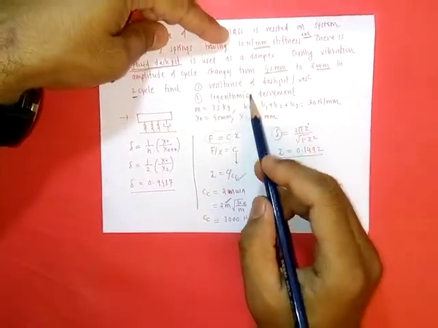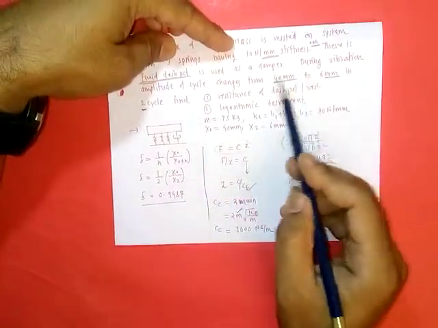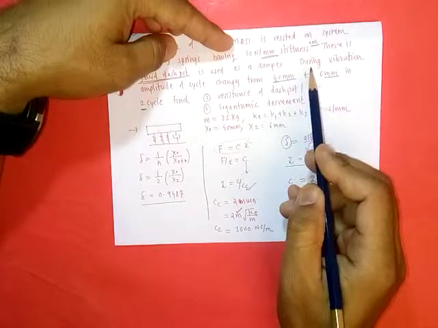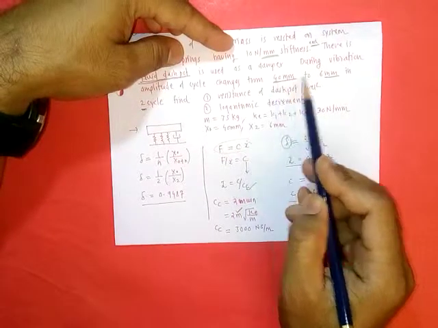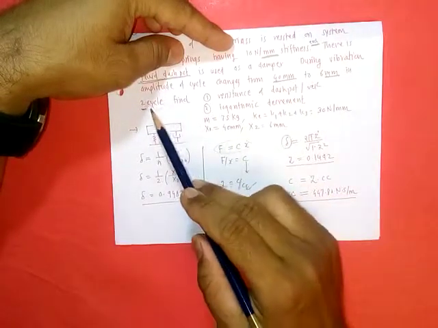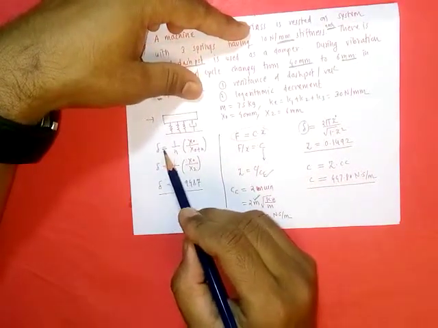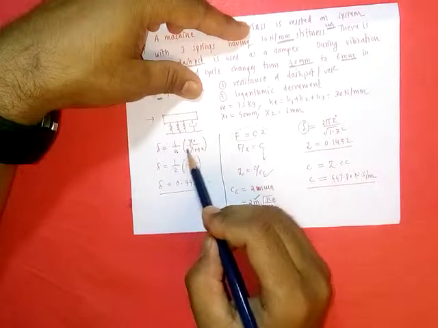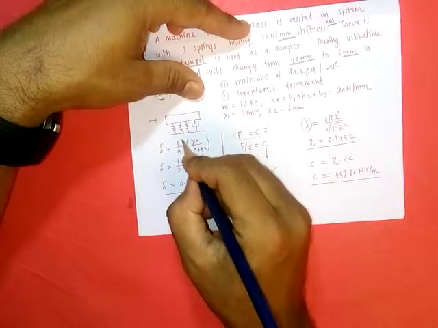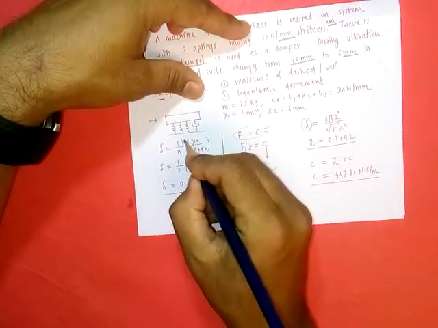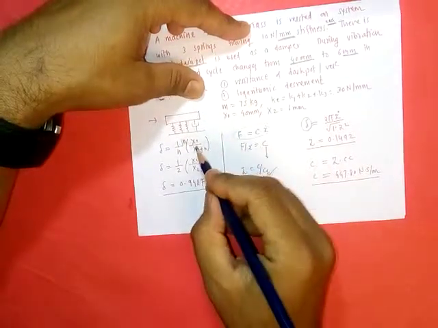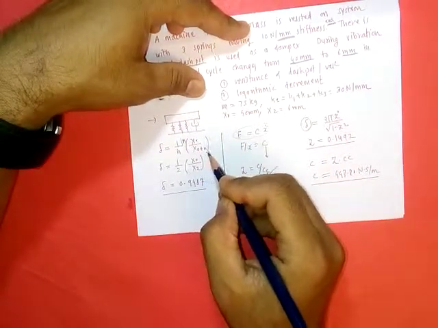Now in the problem they have given the change in amplitude from 40 mm to 6 mm in 2 cycles. So using another formula for logarithmic decrement, we have 1 upon n into ln of x naught upon x naught plus n.